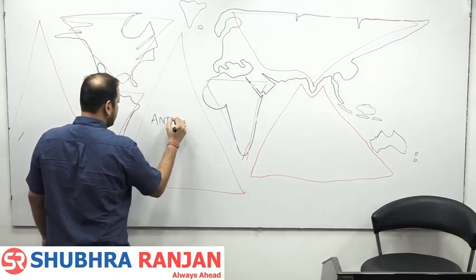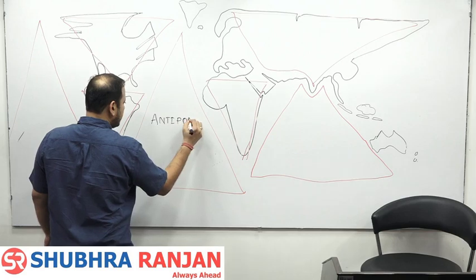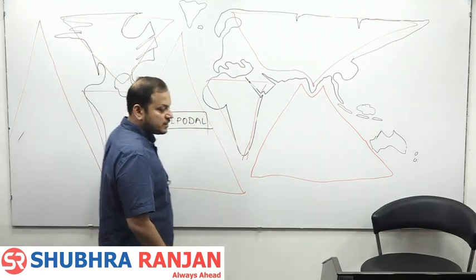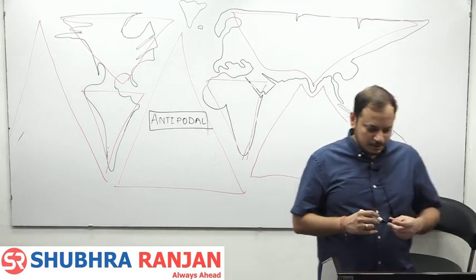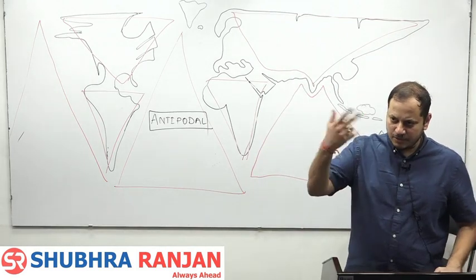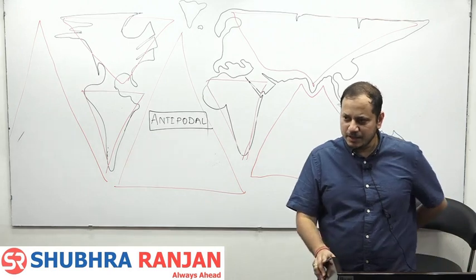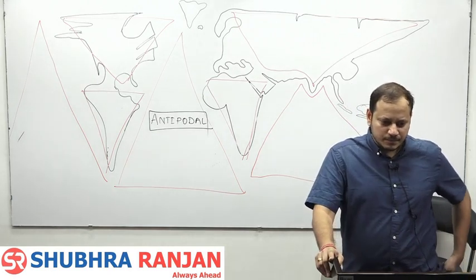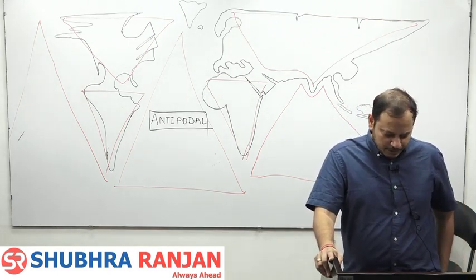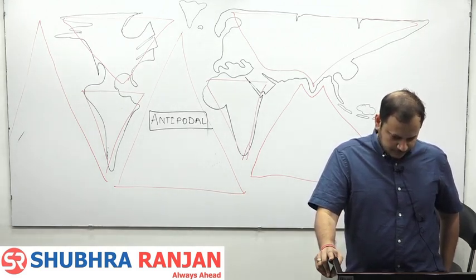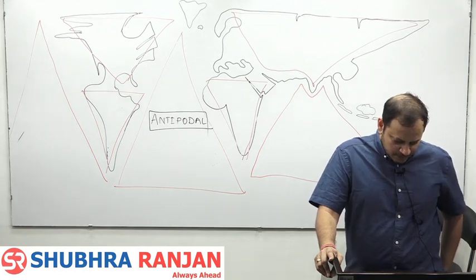Just remember this one word. We have written this because you should know one word: antipodal. Antipoles, meaning the poles are opposite to each other. This is known as an antipodal arrangement of continents and landmass.